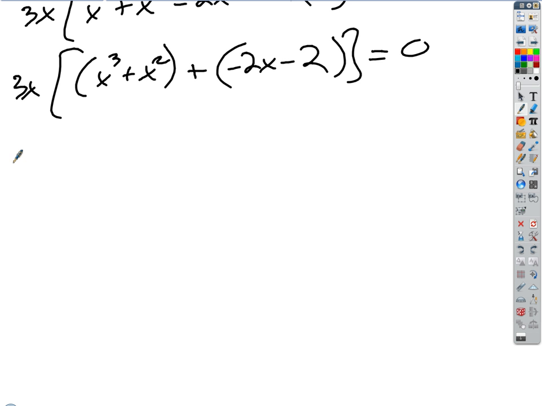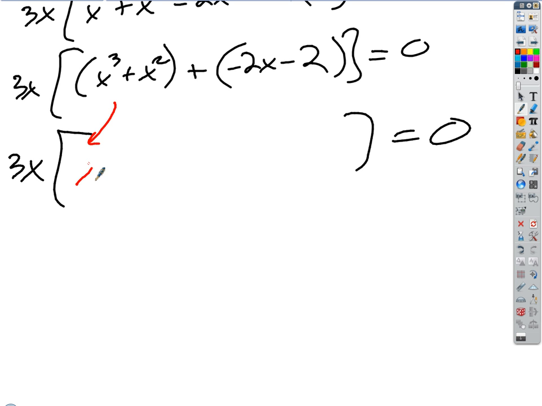We got the 3x out front, that's done. What am I going to get from my grouping? I can take out an x squared, that's my greatest common factor.